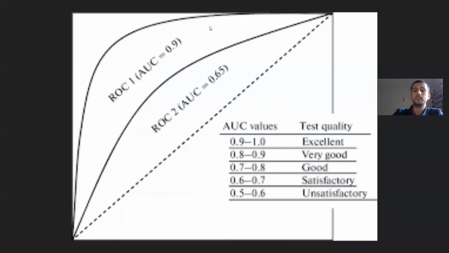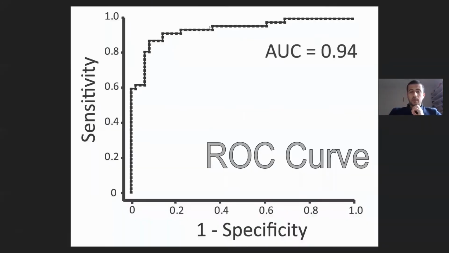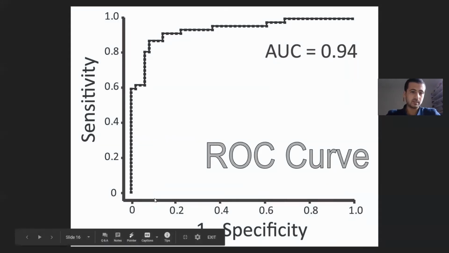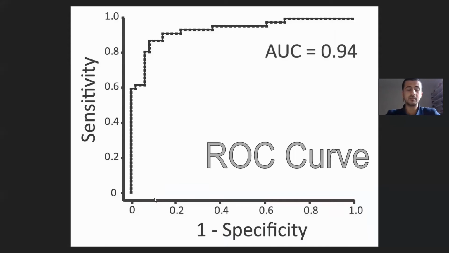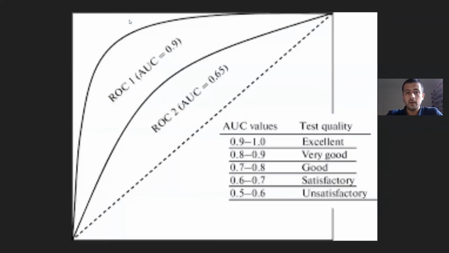Let's move on. Actually, this is one of the ideal curves we can see because it is truly close to here. Like I can say that the specificity is 90% and the sensitivity is 90%, which is quite high. I might sometimes reach 99% in both of them.